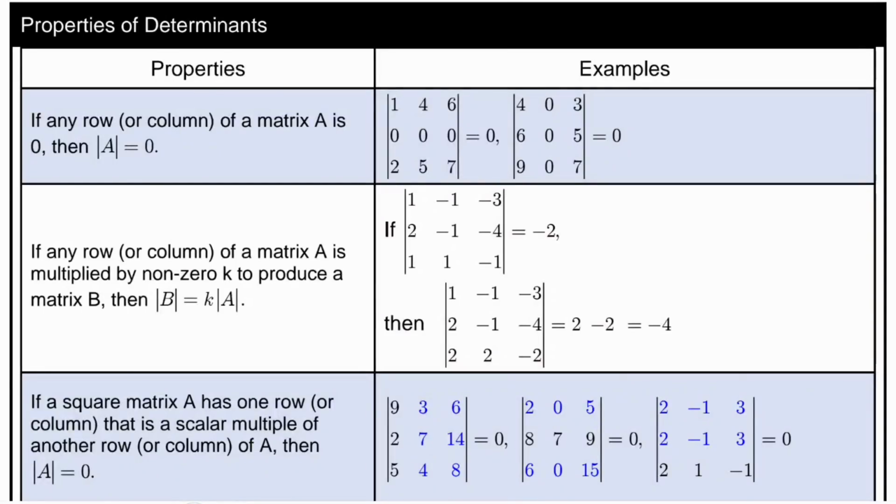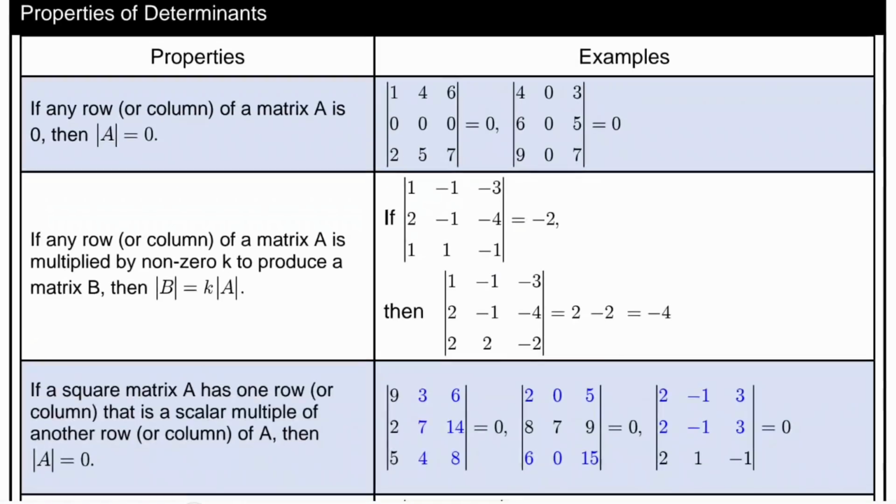Okay, so we move to the properties of determinants. There are a few properties that you can use to find the determinant without using the previous method that we have discussed. Okay, so we go through the properties listed here.